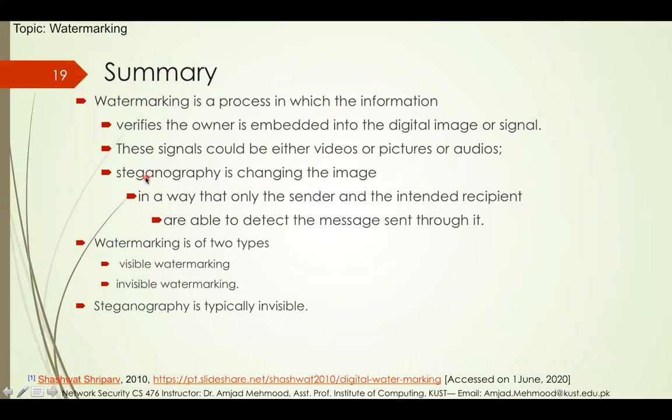Steganography is changing the image in a way that only the sender and intended recipient are able to detect the message sent through it. Watermarking is of two types: visible and invisible. I explained these types in detail. Steganography is typically invisible. So this was a summary of watermarking.